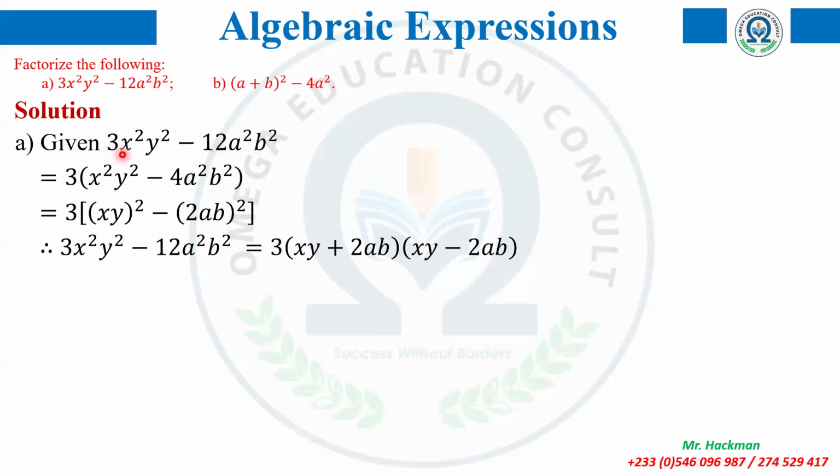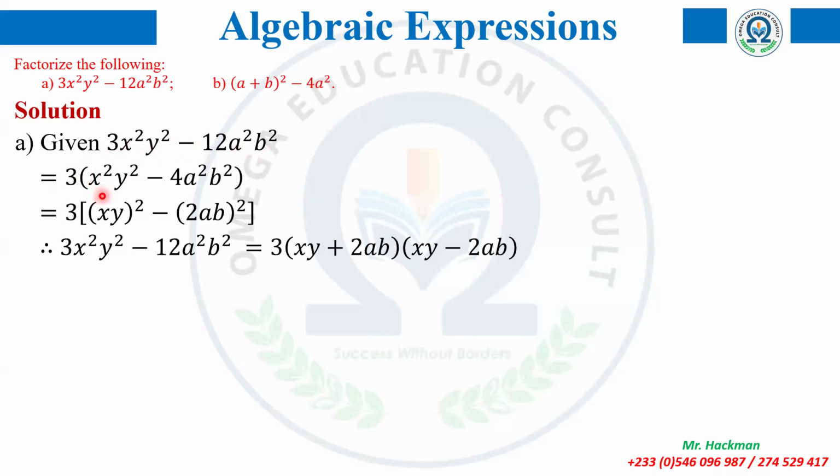So do I have a common numerical factor? My numerical coefficients are 3 and 12. Between 3 and 12, yes, I have a common factor, which is 3. So I bring that one out. Then I ask myself, do I have a common variable that I can bring out? No.